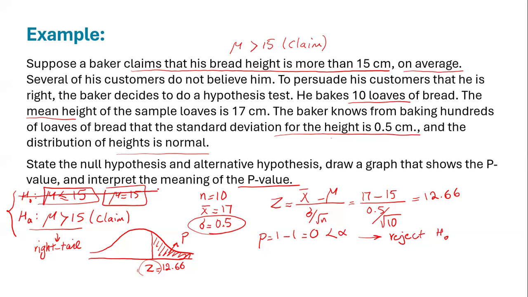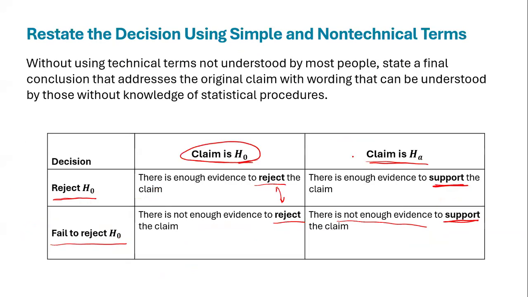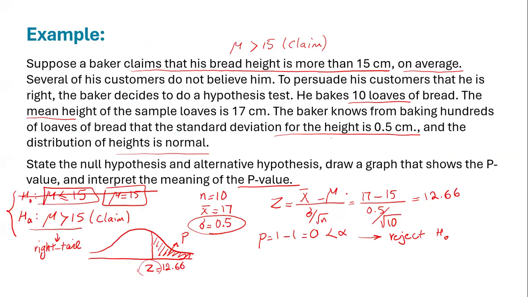Now, since the claim is on the alternative, I am going to use the word support. And since I'm rejecting the null, my final statement is this: there is enough evidence to support the claim that the bread height is more than 15 centimeters. Okay?